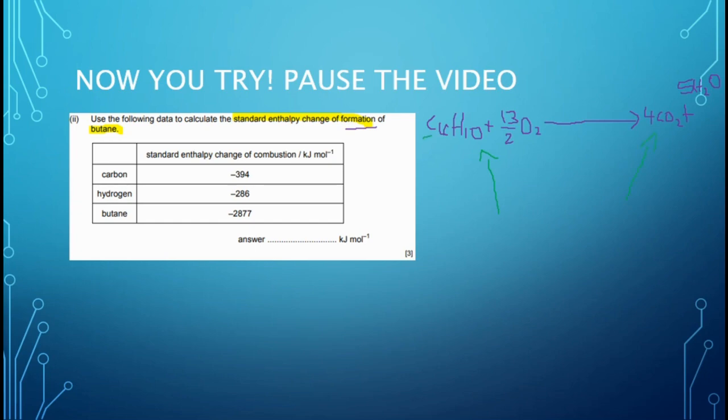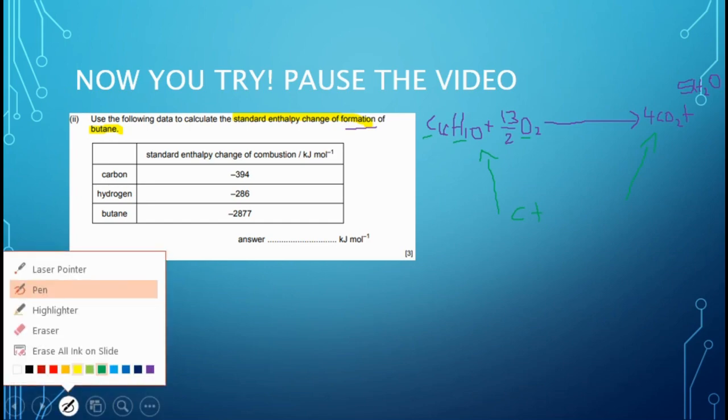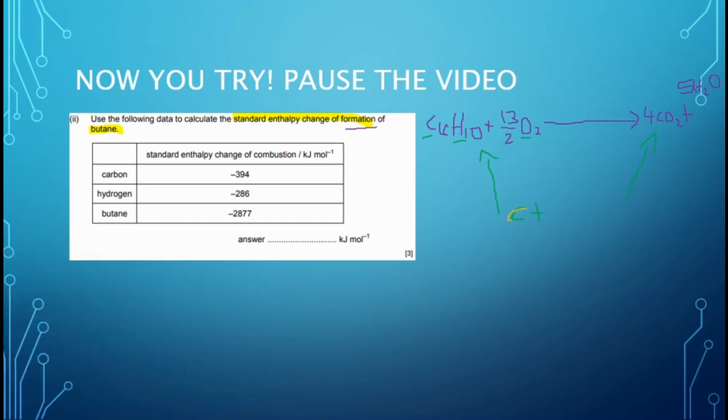Now we know that we have a carbon, a hydrogen and an oxygen. So we put C plus hydrogen, but no, it has to be H2 plus O2. Now remember what I said before? Oxygens don't matter, you can cancel them out. You have carbon and hydrogen.